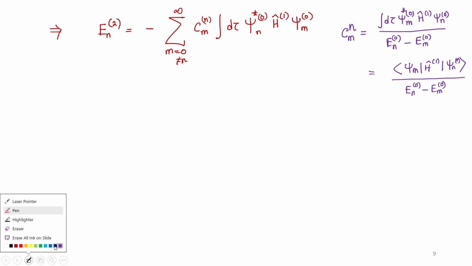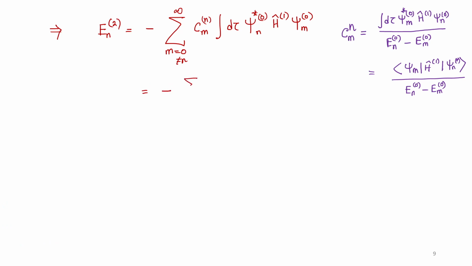Okay, so now again let me change my color. What I can write here is that I'll write this term as psi n, h, not h1, psi m zeroth, and here I have psi m zeroth, psi n zeroth.